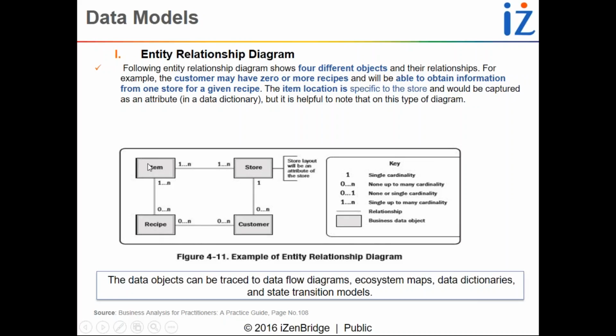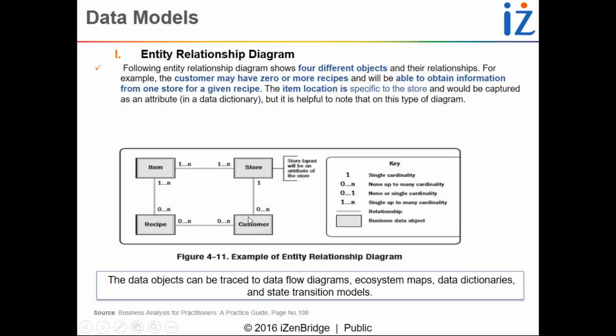We have identified 4 entities related to the recipe box: item, store, customer and recipe. Here the customer is associated with the recipe, and 0 to n is the relationship or cardinality type. It means the customer may have 0 or more recipes and is able to obtain one store for a given recipe.